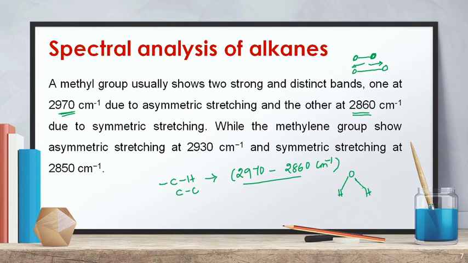If two bonds are both elongating, or two bonds are both contracting, then we call this type of movement symmetrical stretching. Both connectivities follow the same type of movement.